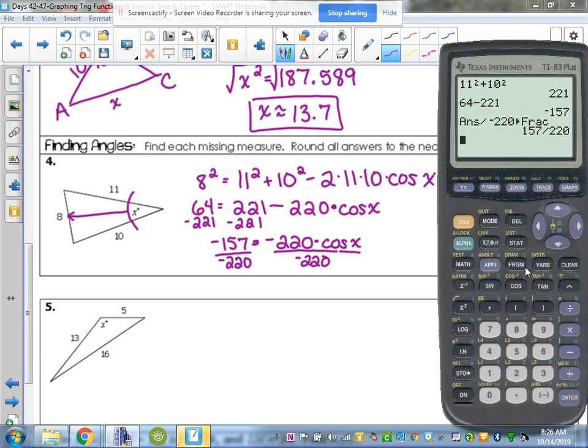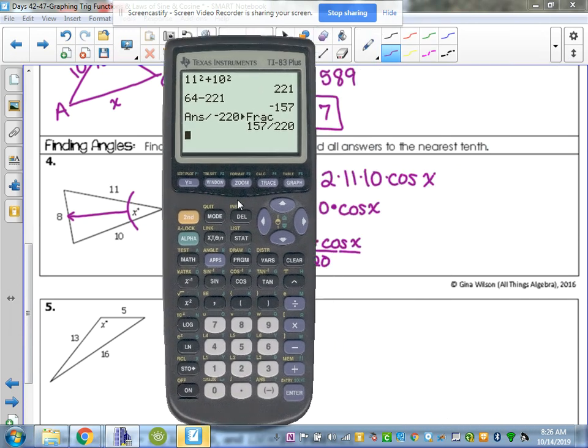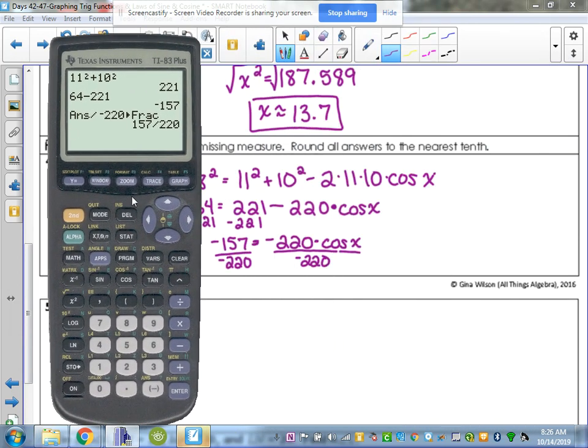And I don't really want this in a decimal right now, so I want to keep it in fraction form. It doesn't reduce, so the negatives cancel. So we're going to leave it as 157 over 220. That's equal to the cosine of x.